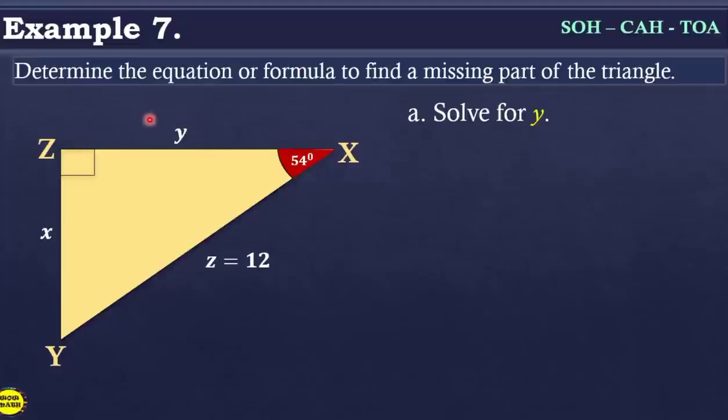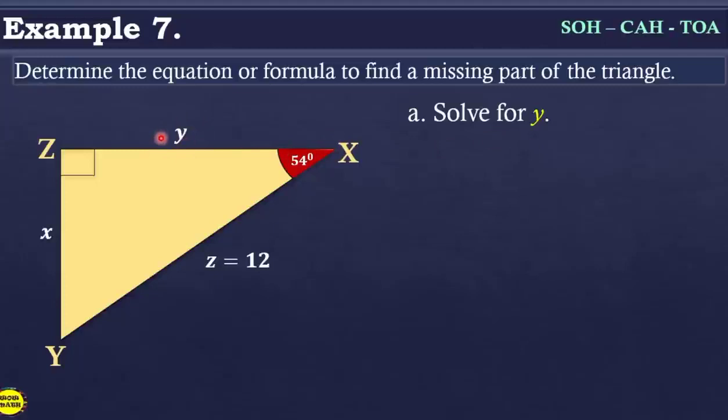Paano natin masosolve si y? Hahanapin natin yung formula niya para masolve natin si y. Kasi sa mga succeeding lessons natin, yun po ang gagamitin nyo, so dapat alam nyo kung paano kunin ang equation o formula. So, solve for y, para mahanap mo si y.